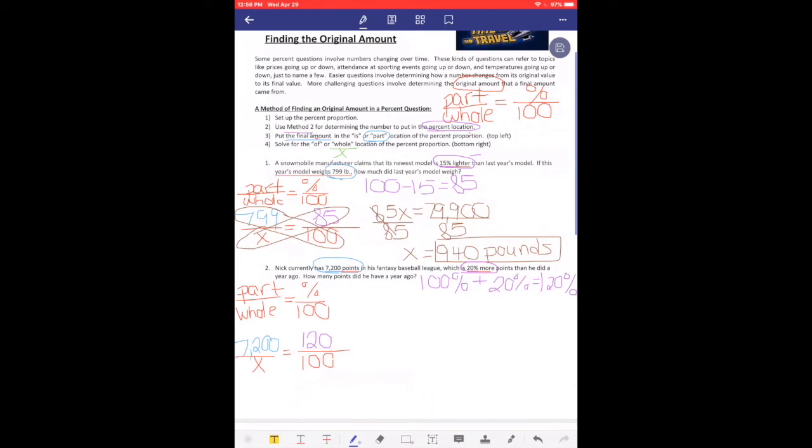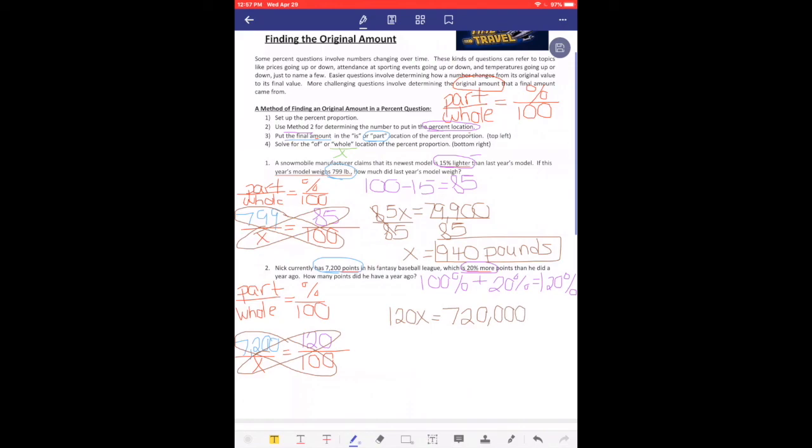Now I'm going to cross multiply to solve for x. So x times 120 is 120x, and then I'm going to multiply 7,200 by 100, and I'll get 720,000.